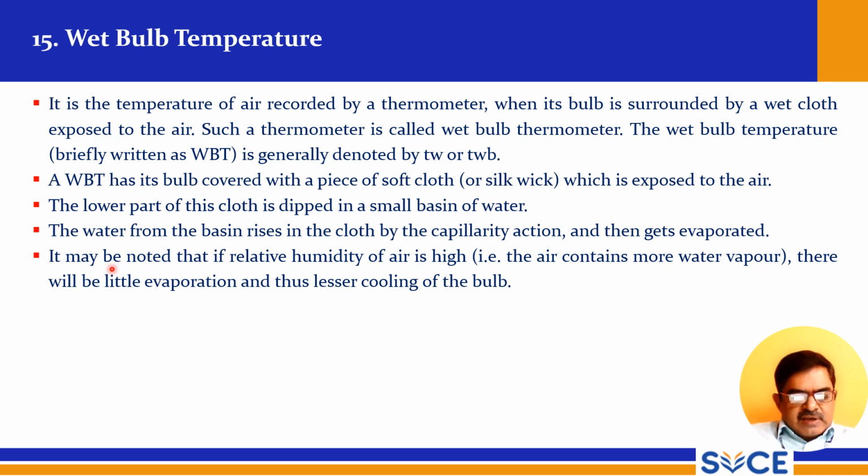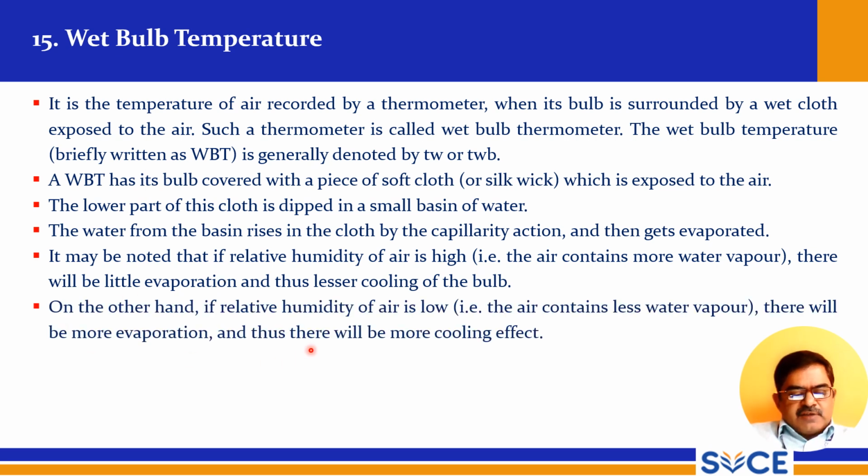This is the technique, or the direct factor with which wet bulb temperature varies. When the relative humidity of air is high, the air contains more water vapor, so there will be little evaporation and thus lesser cooling of the bulb.